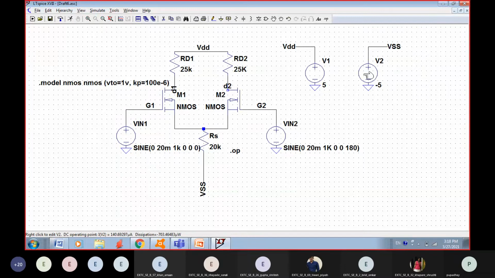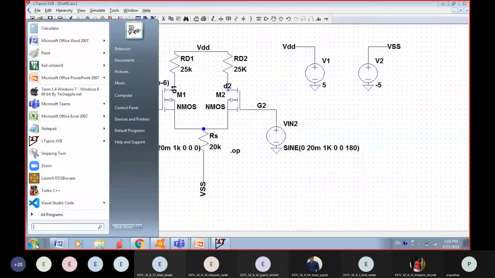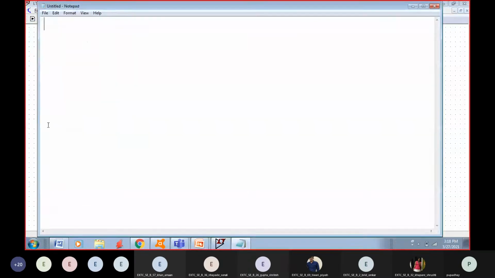Let me tell you in brief what we can do with an amplifier. What three analyses can you do for any amplifier, whether it is MOSFET or BJT? You do DC analysis, or you go for transient analysis in LTSPICE, or you go for frequency response, which is nothing but AC analysis.